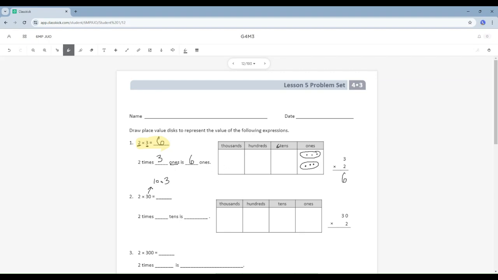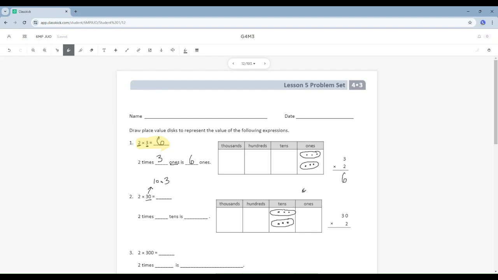So rather than putting my place value discs in the ones place this time, since 30 is a 10, I'm going to do it in my tens place. I am going to draw 2 groups, but I'm not going to put 30 in there because those would be ones. I'm going to do it over here in the tens so I can still draw my 2 groups. And I have 3 in each group because they're tens.